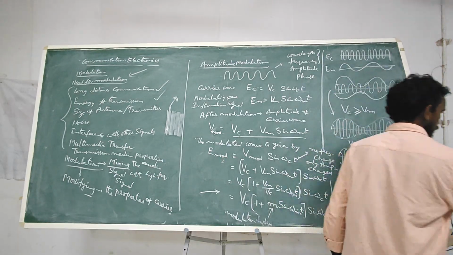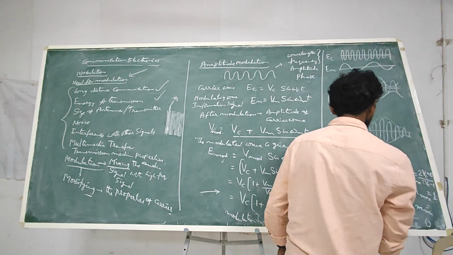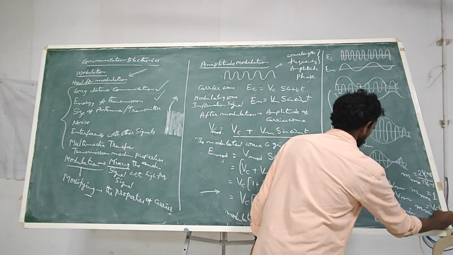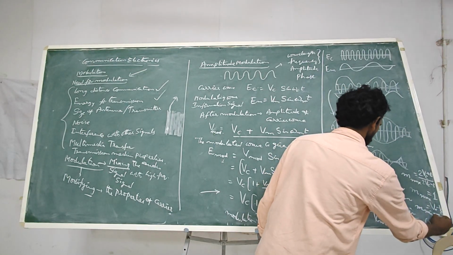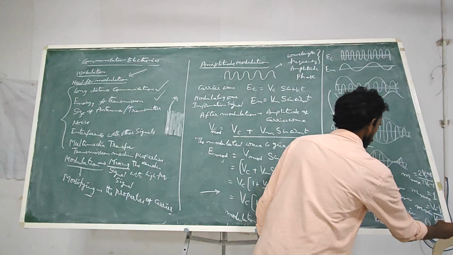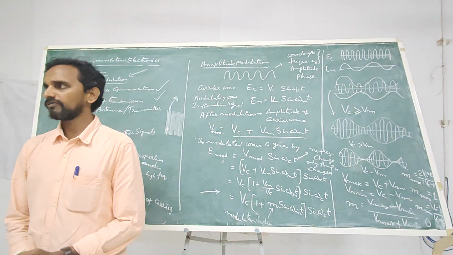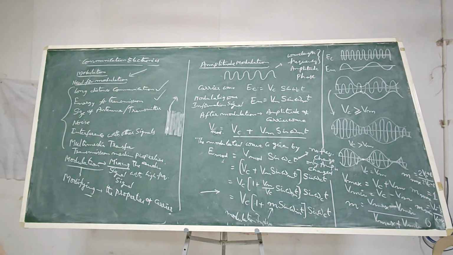M minimum is what? So at the minimum, Vmax is equal to Vc, Vmin is also Vc. So Vmax minus Vmin is 0 and Vmax plus Vmin remains intact. So the minimum value of M is 0.